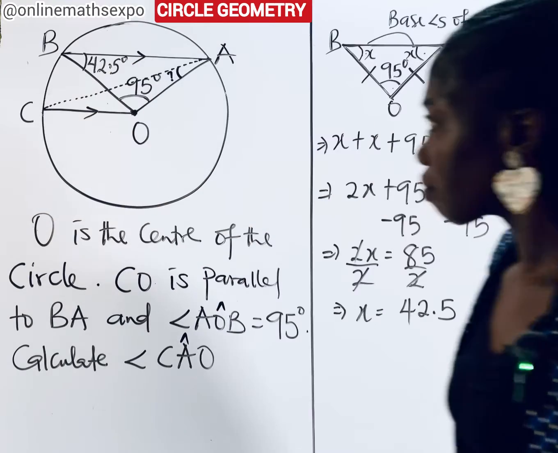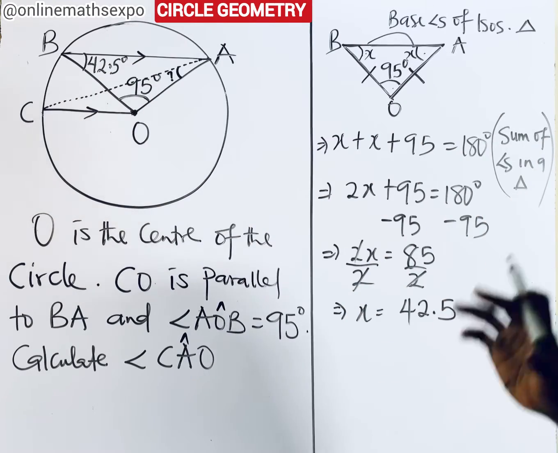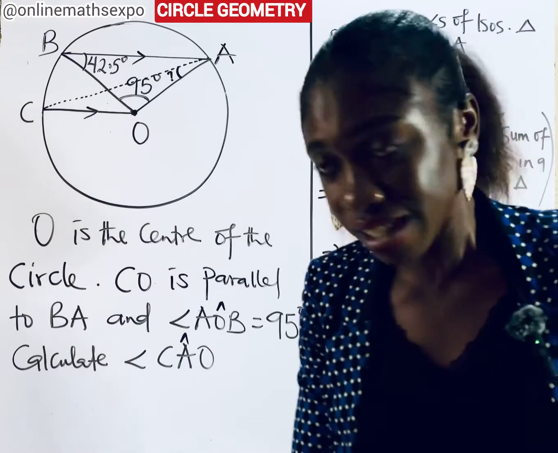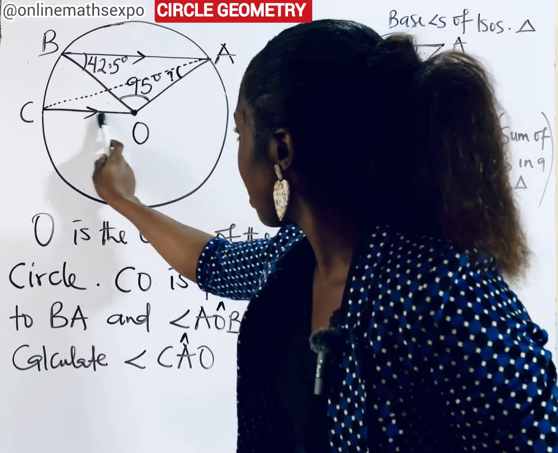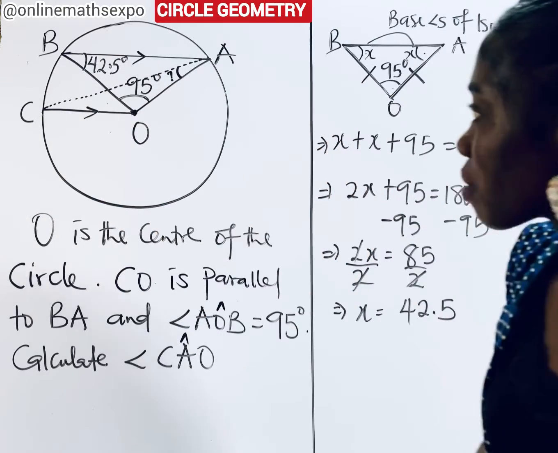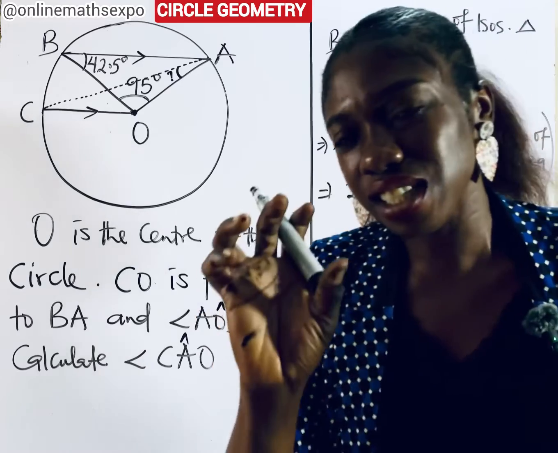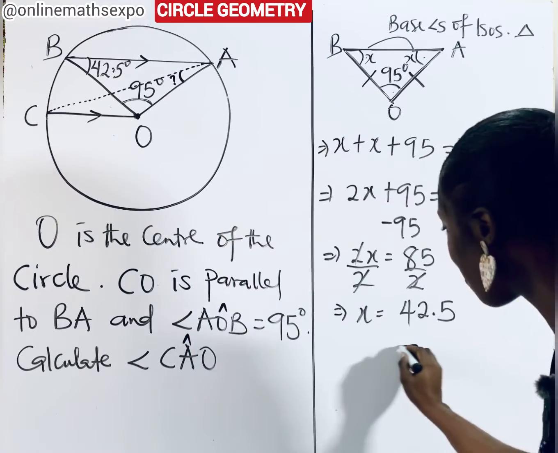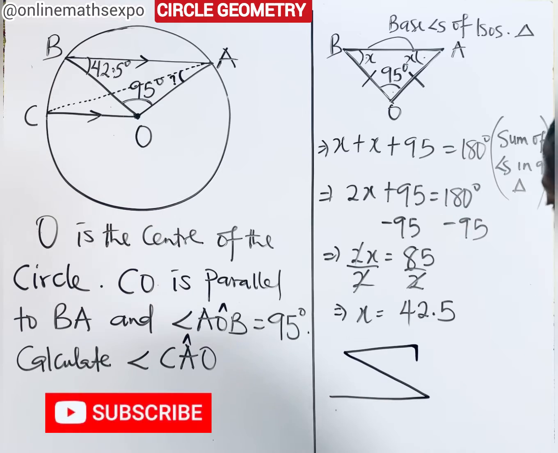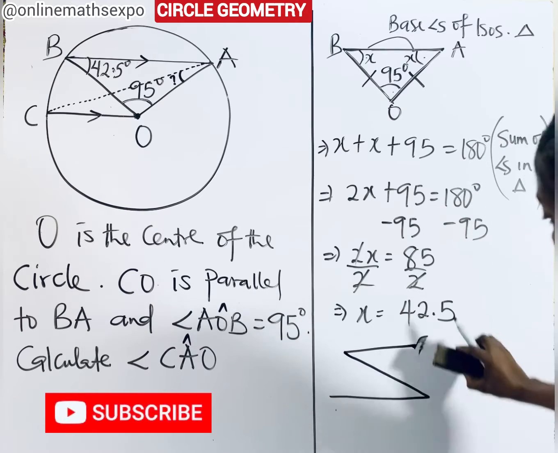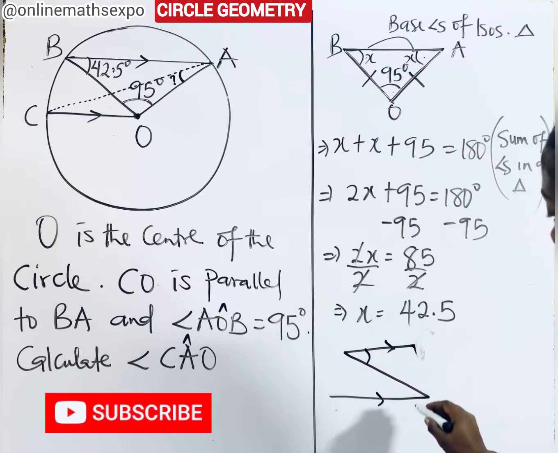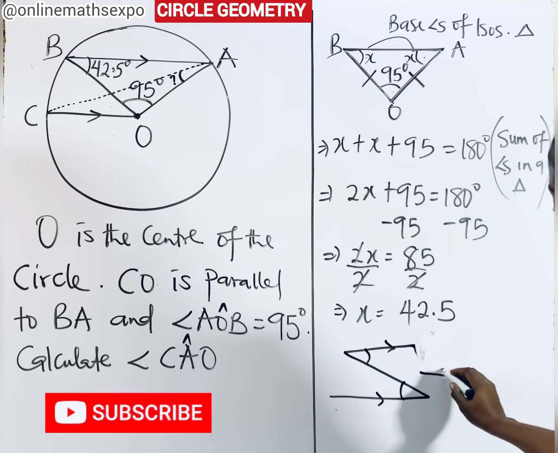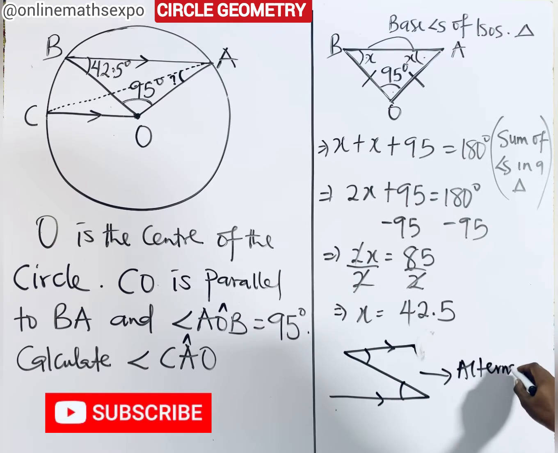I hope you are with me. Now, will this help you to get what we are looking for? Yes. Remember, the question told you that these lines are parallel. Did you see? These two lines are parallel. And whenever you have parallel lines, there is this angle I will remind you of. For every Z shape, each time you have a Z-shaped angle, with these two lines parallel, the angles you form here and here are equal. We call this type of angle alternate angles. It's always a Z-shaped angle.